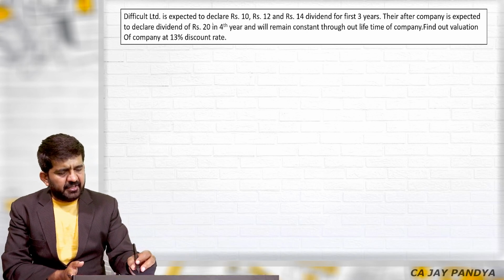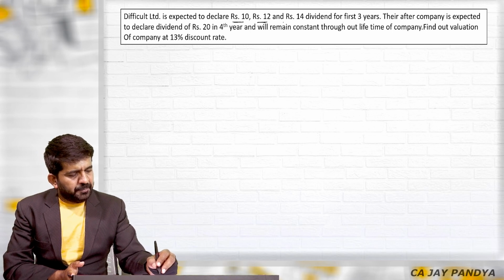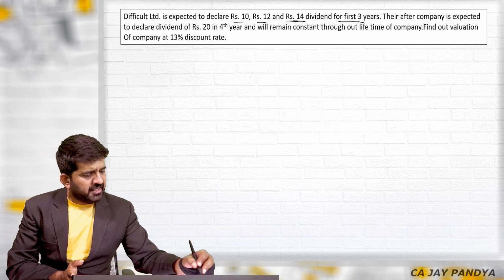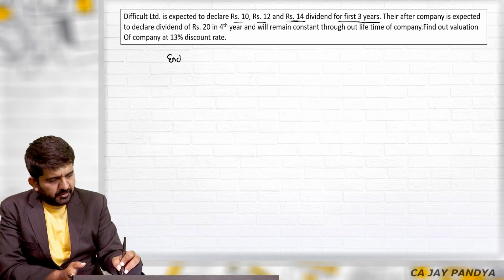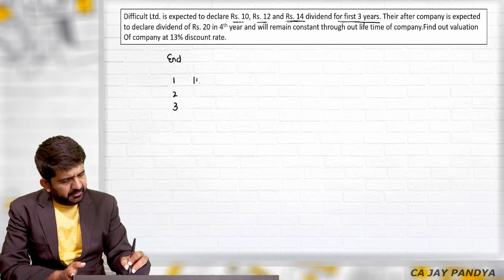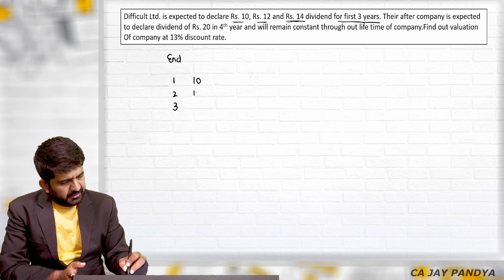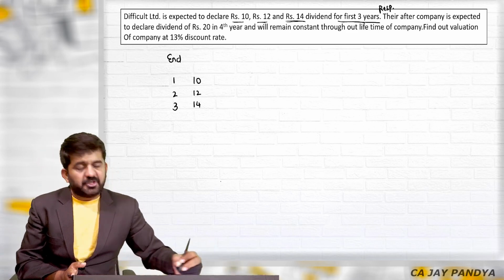Difficult Limited is expected to declare rupees 10, rupees 12 and rupees 14 dividend at the end of first, second and third year respectively. This should be written in the question.